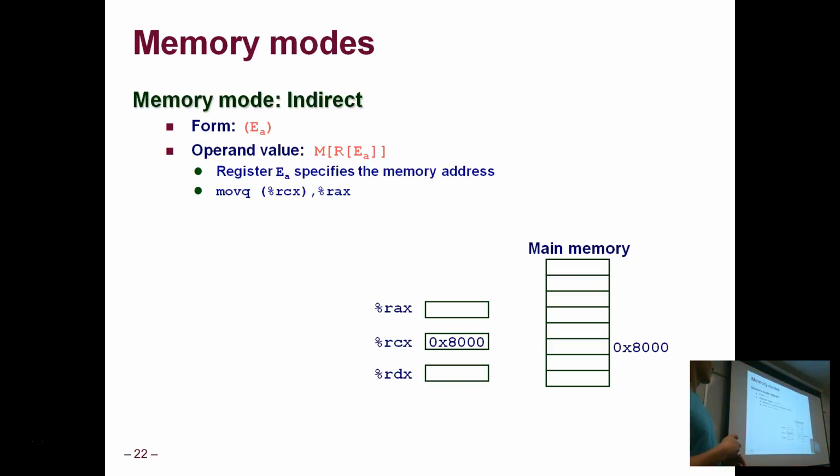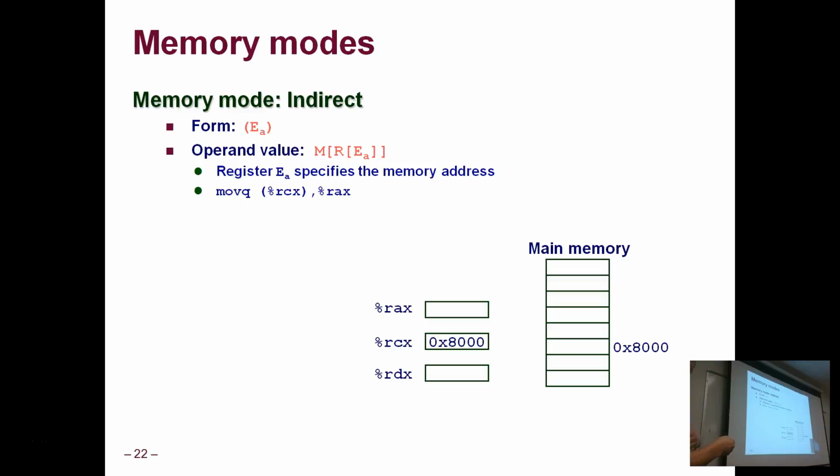Okay. The next is indirect mode. If you have a pointer in C, and then all of a sudden you say *p is equal to something, it's going to use indirect mode. It's going to go to that register, dereference the pointer that's there, go to that memory location and access it.